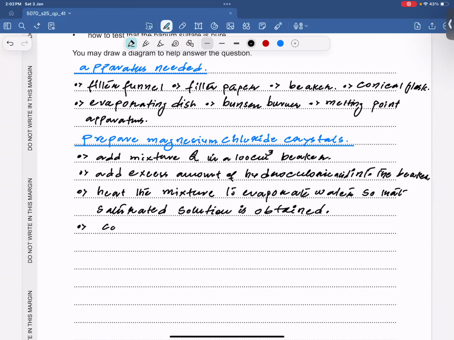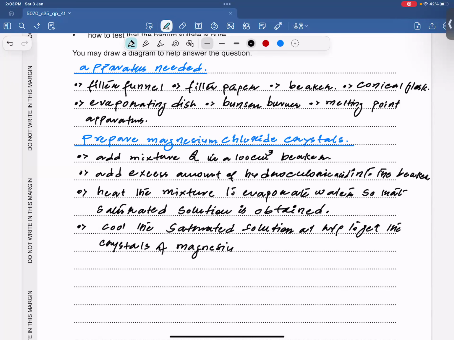Cool the saturated solution at RTP to get the crystals of magnesium chloride.